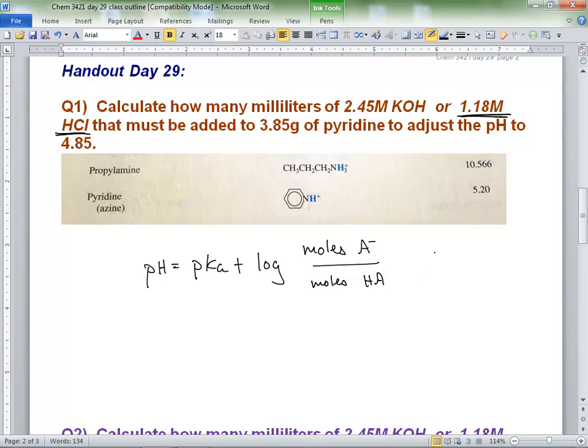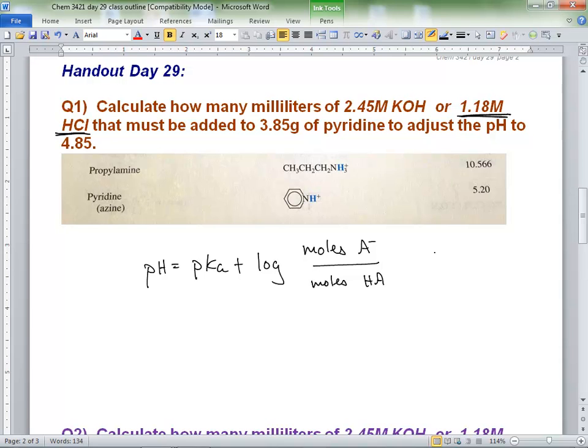Acid or base again? Oh, because Shelby, how did you know you had to add HCl? Because it has, yeah. This is Shelby's way. She says, oh, it has an H plus on it, so that means it has to be a base. That's her way of figuring it out. My way of figuring it out is, I look at the little plus sign, but it's the same thing.